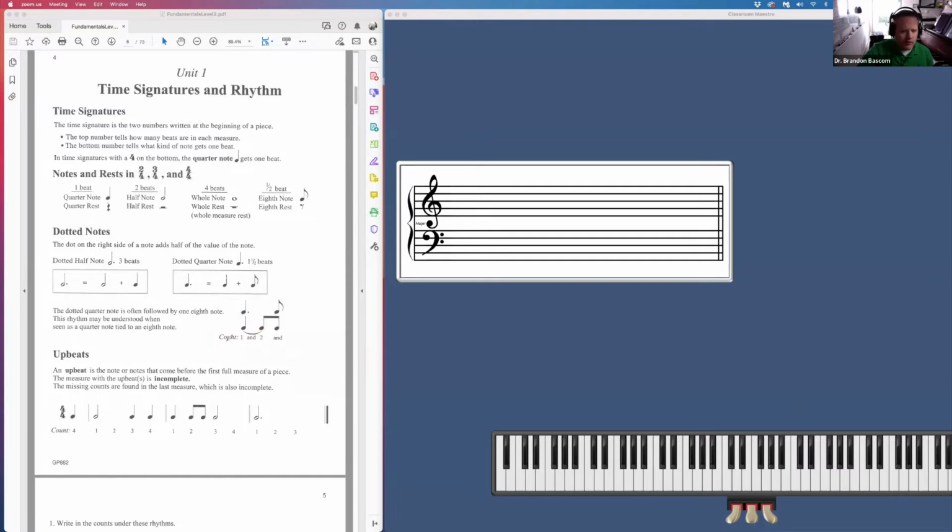Moving on. Something new in this unit is what this book is referring to as an upbeat. The proper terminology is an anacrusis. But an anacrusis, or what they call an upbeat, is an incomplete measure. You'll notice that this anacrusis starts on beat 4.